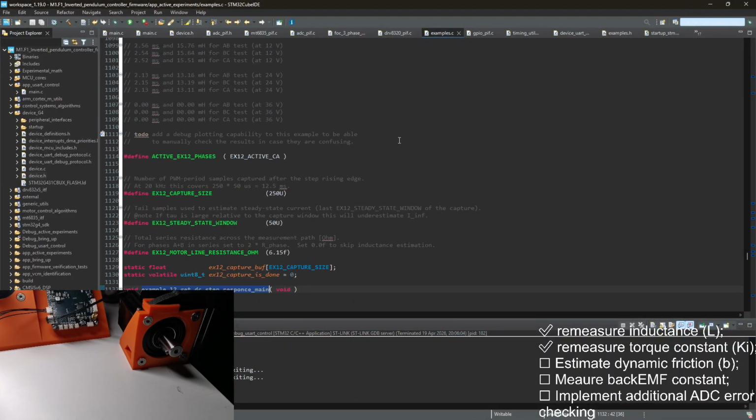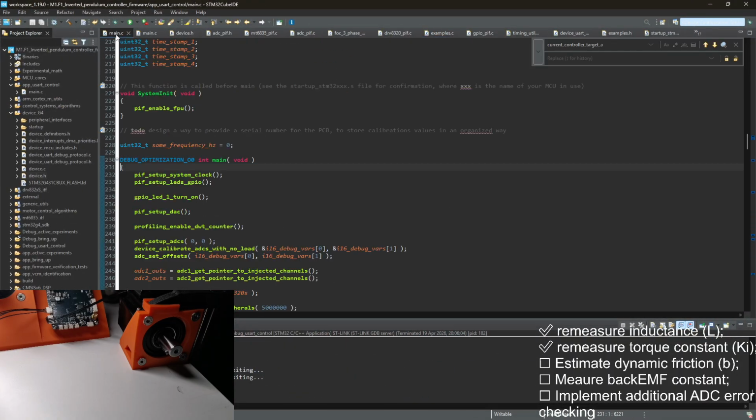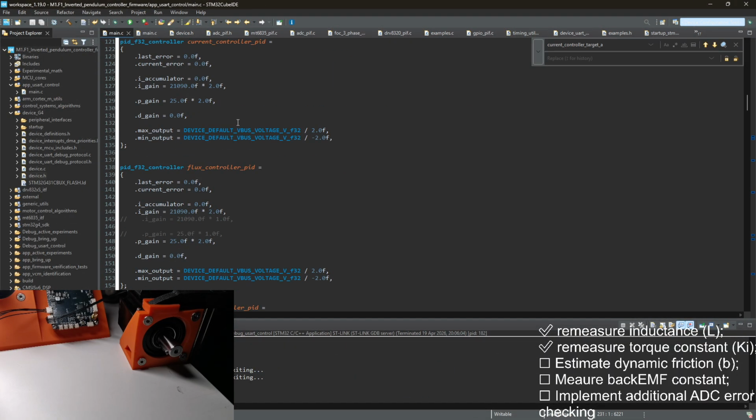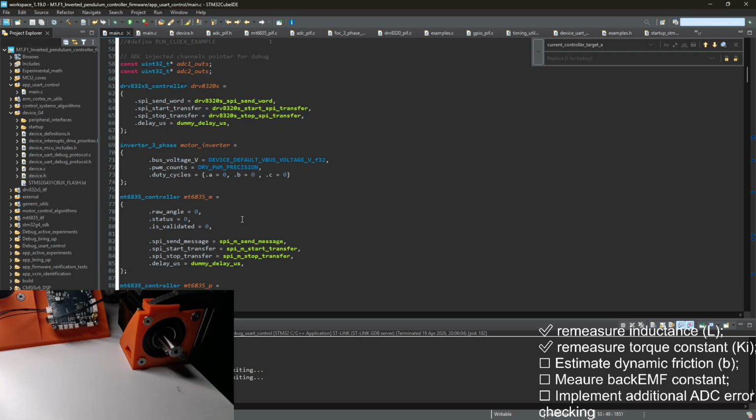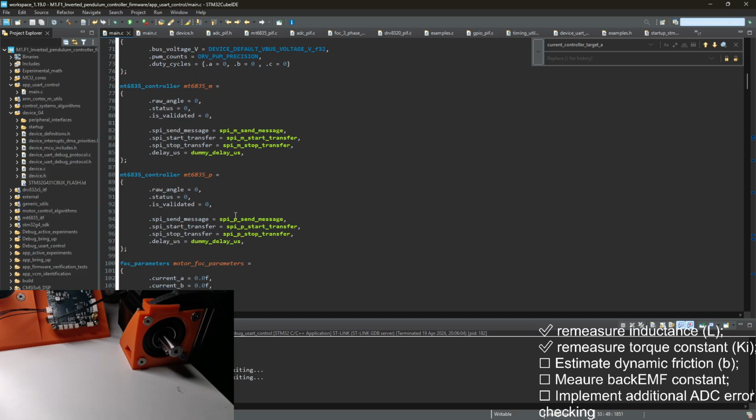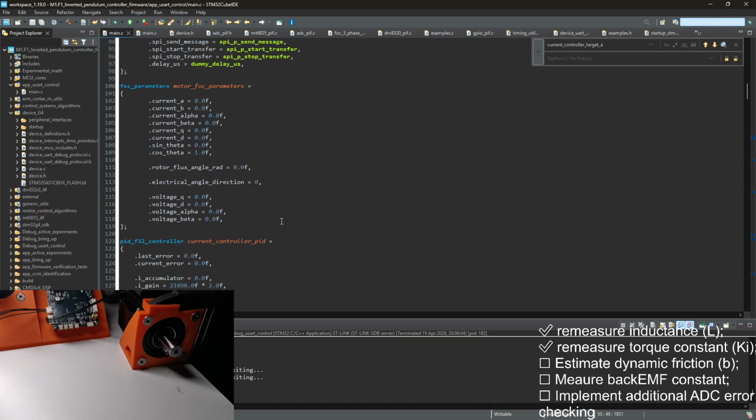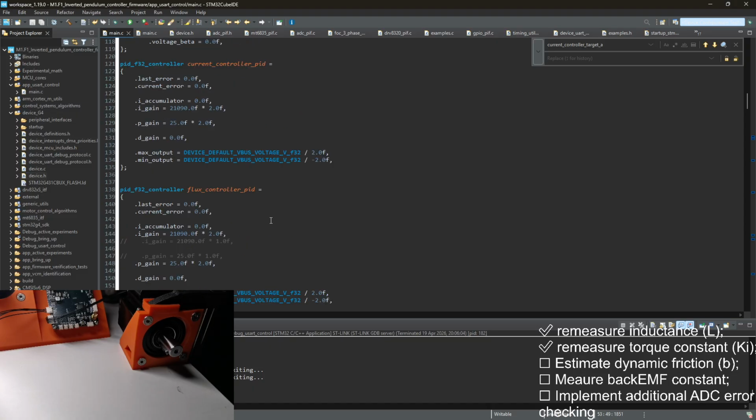In the example code, we will need to switch to our speed control mode. Okay, so we are in speed controller mode. Actually, I haven't tested the speed controller since we fixed the encoder, so I'm kind of scared to see if it works or not.